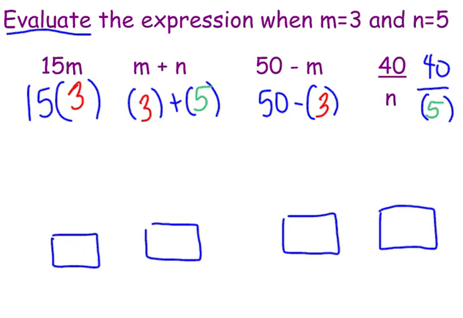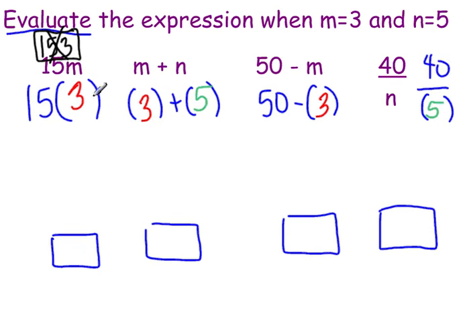And this is a perfect example of why we use these bubbles or these empty parentheses. Another math student might accidentally do their 15 and then say, okay, m is 3 and it's supposed to go right here. They might try and say that the answer to this problem is 153. And it's definitely not 153.